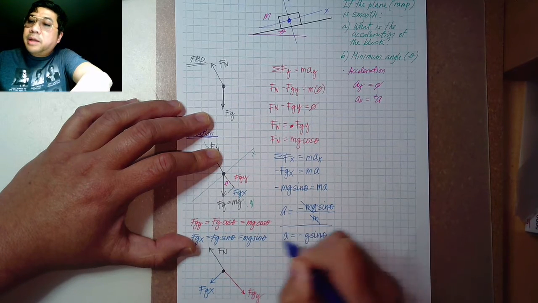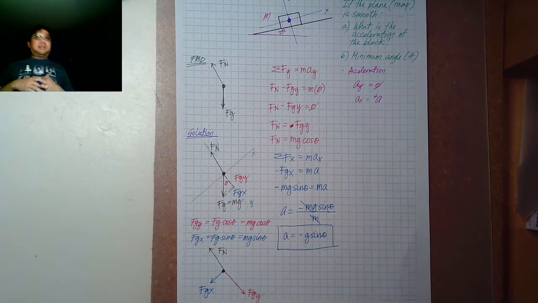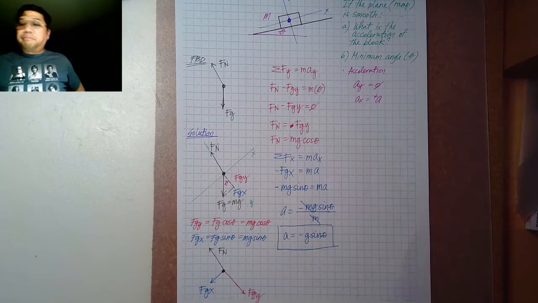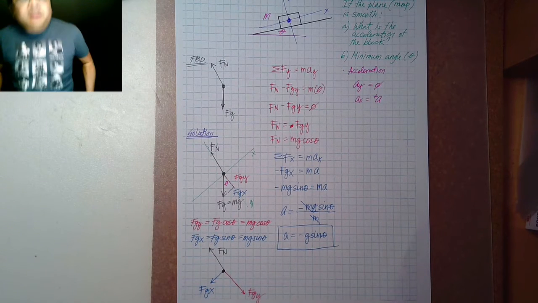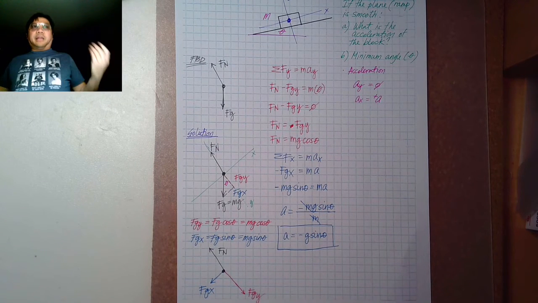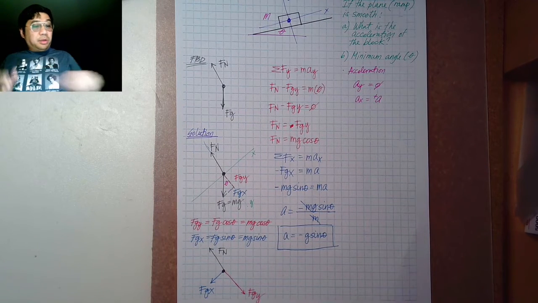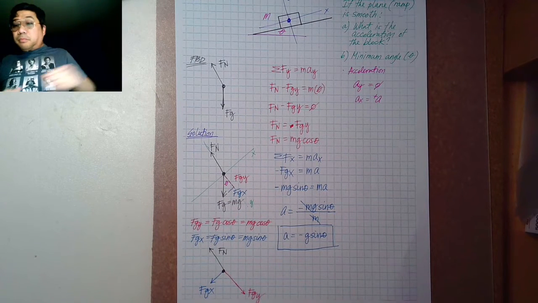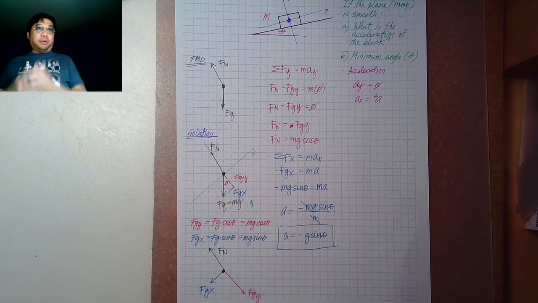So this is our answer for letter A, and our answer is negative. Yes, it's negative because it's moving to the left side. Since the direction of motion is to the left, we can say that it's negative acceleration, not just because it is starting to slow down.